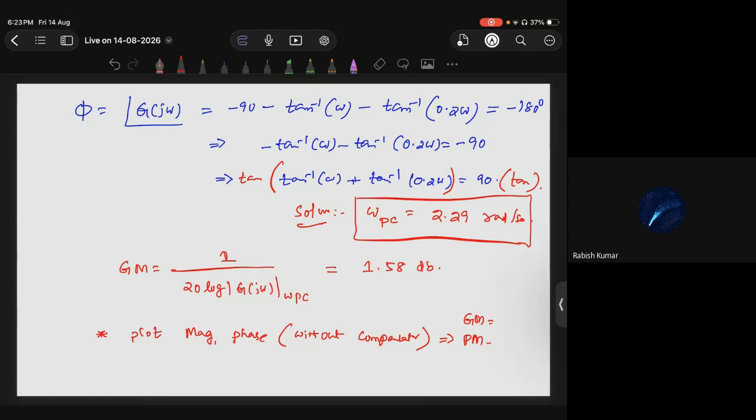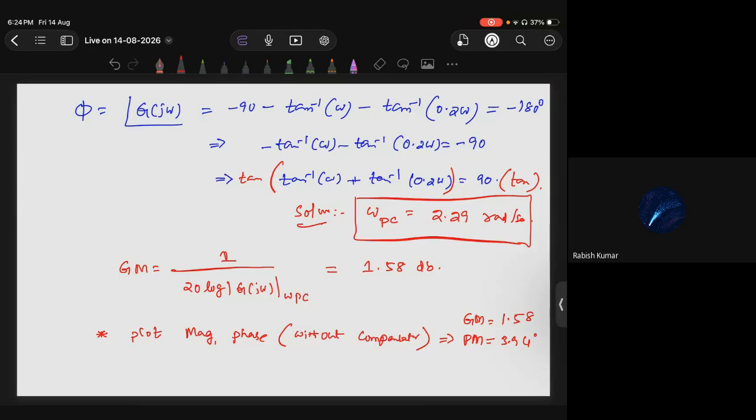Okay, so you will get gain margin as 1.58. You'll get phase margin as 3.94 degrees.